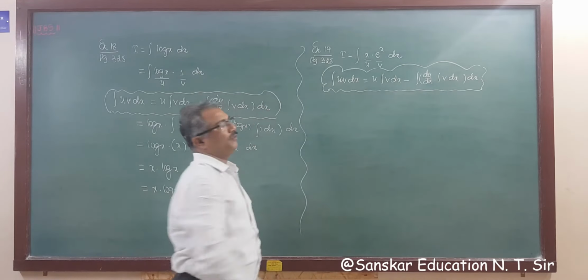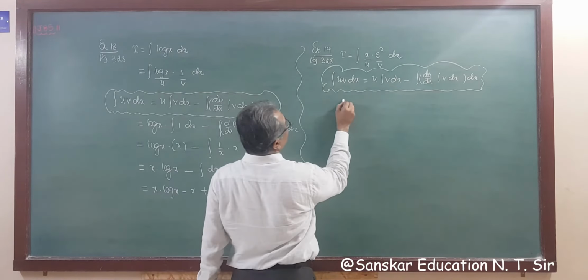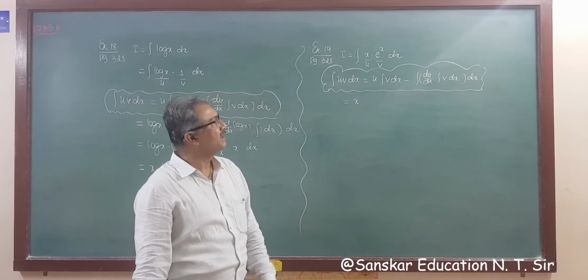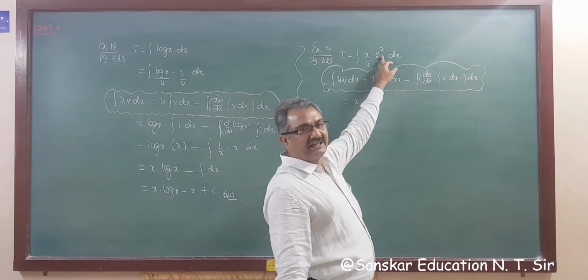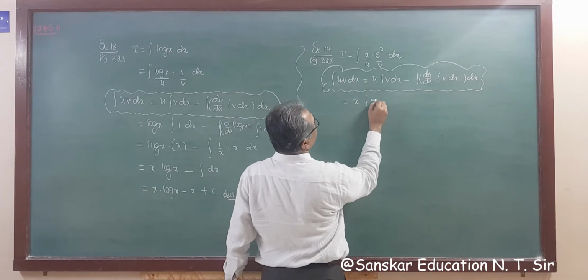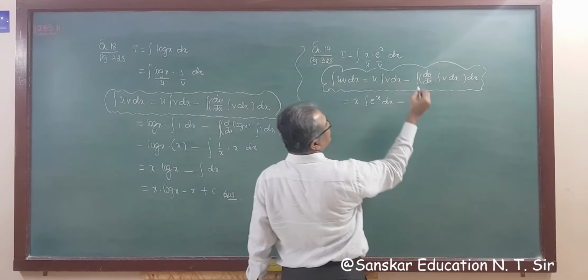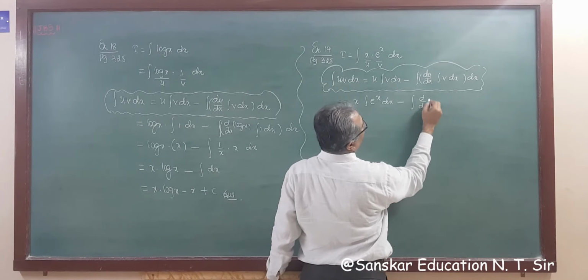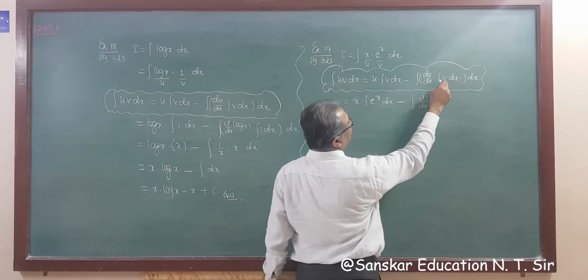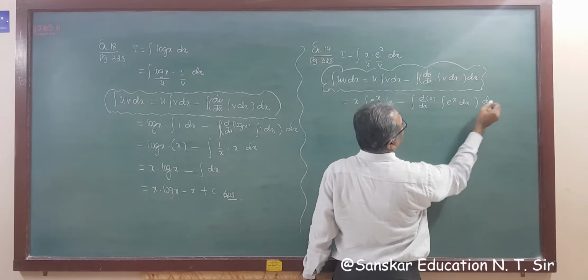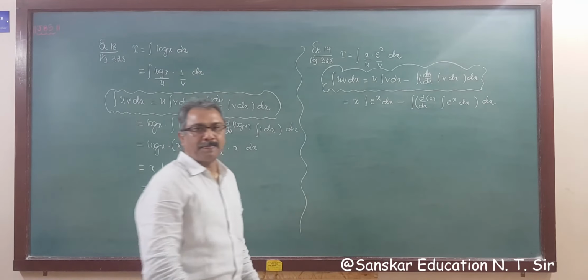Now applying this formula, what do we get? I is equal to u, as it is, x, then integration v dx, that is integration of e raised to x dx. So integration e raised to x dx minus integration of du by dx, that is d by dx of x, times integration v dx, e raised to x dx, bracket over dx. This is your answer.